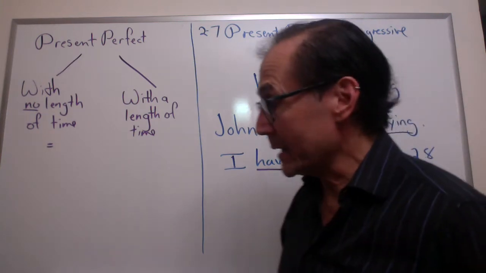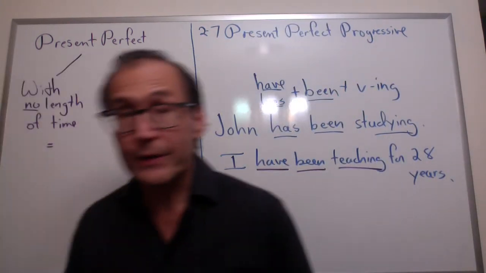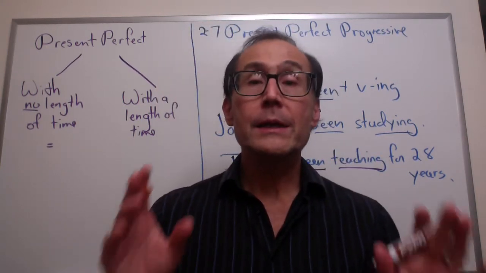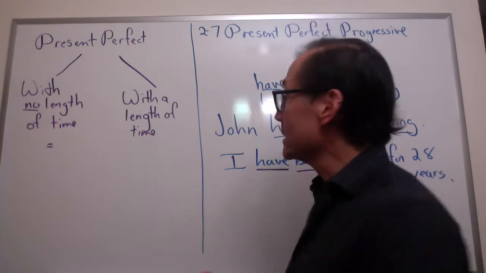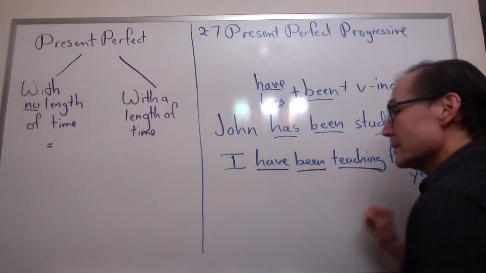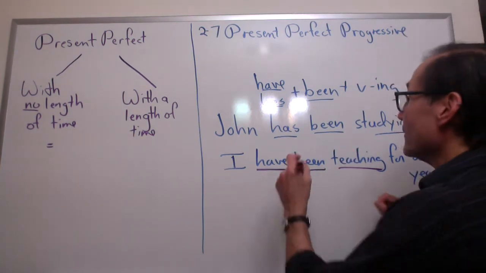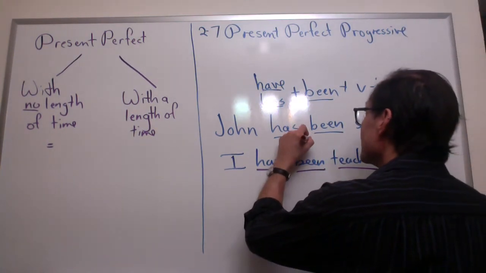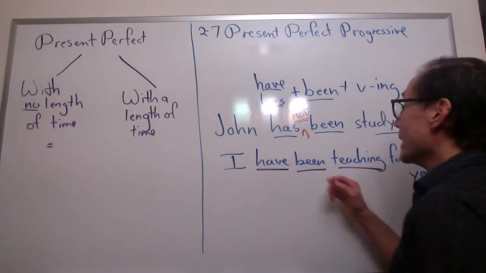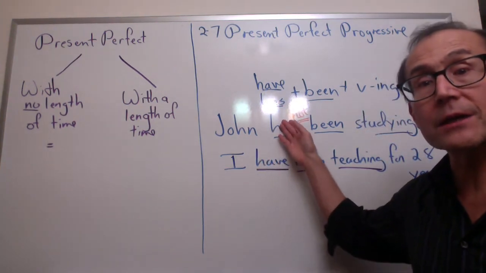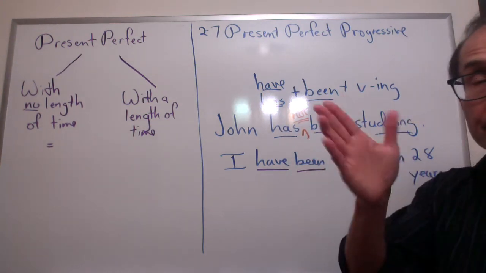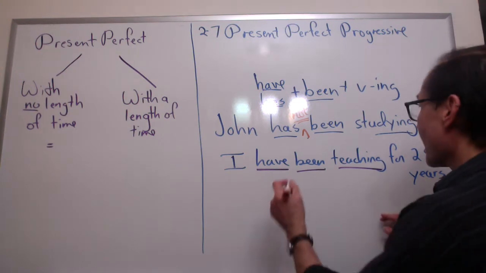If I want to make a negative statement, it's very easy in present perfect progressive. All I need to do is add the word not after have. So I could say, John has been studying, positive statement. If I want to make it negative, I can just put the word not in here, and it becomes John has not been studying. Okay? So making it negative, just add the word not.